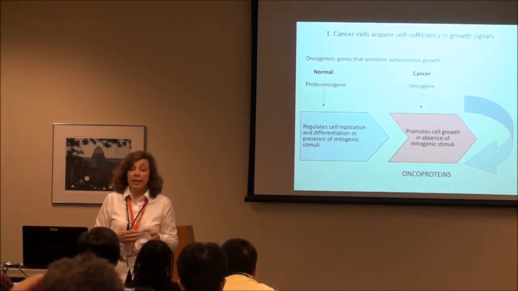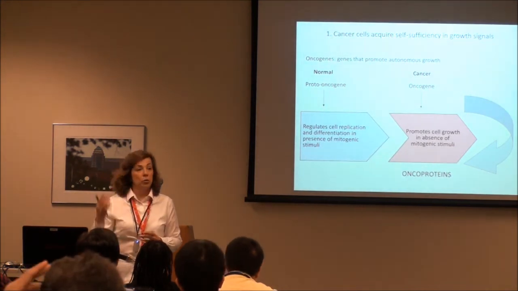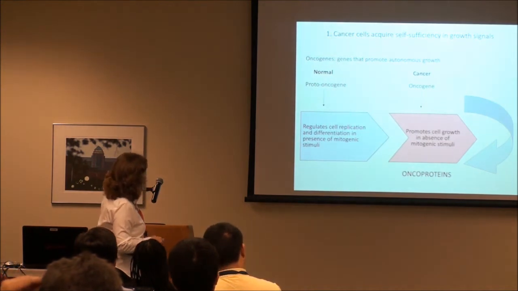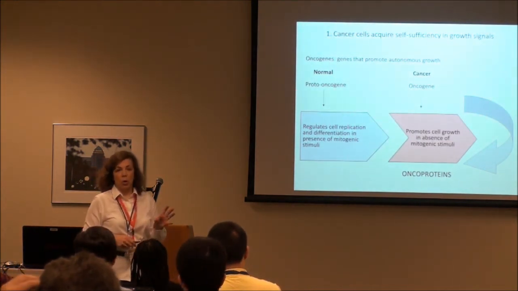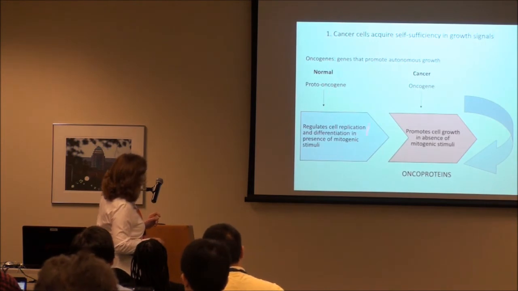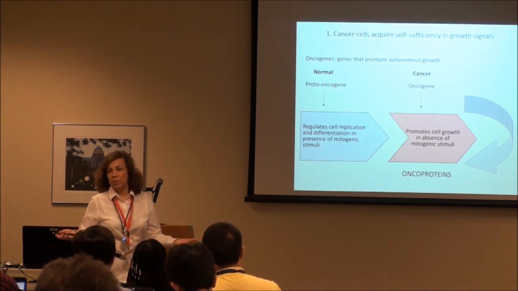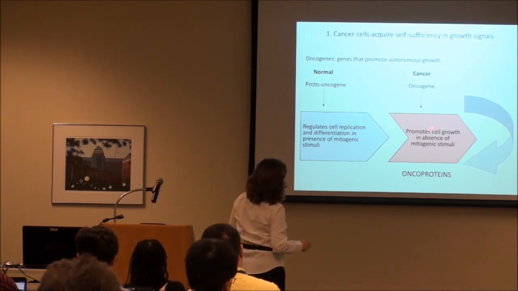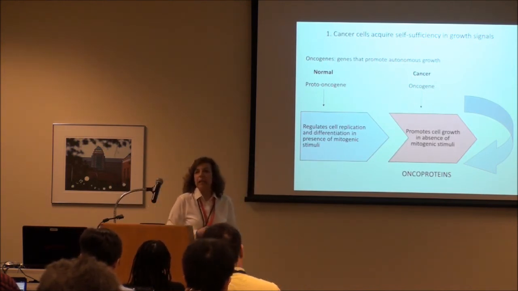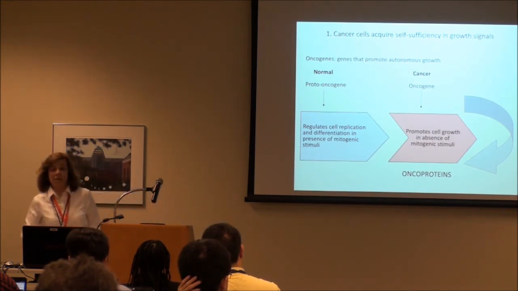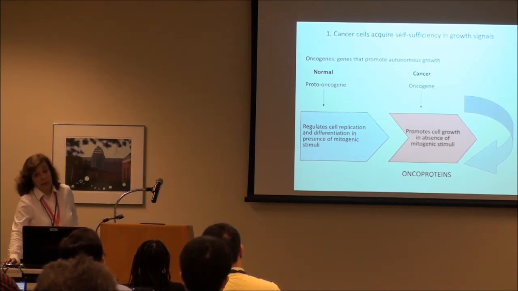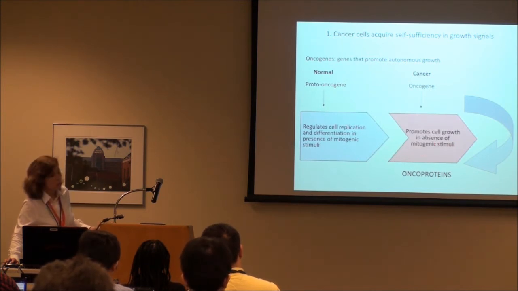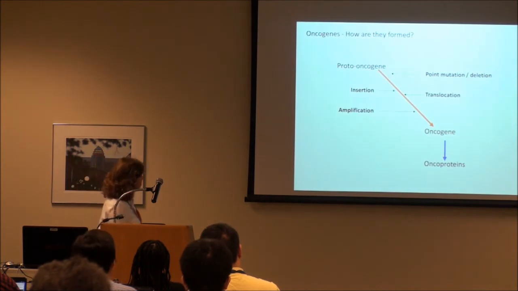So mutated genes in charge of growth and division are turning into what we call oncogenes. Normal genes that we call proto-oncogenes regulate cell replication in the normal cell. But if they mutate, they turn into oncogenes, which promote cell division in the absence of stimulation. And they produce special kinds of proteins called oncoproteins.